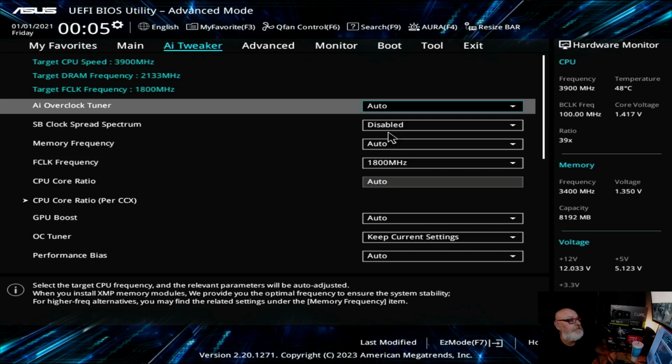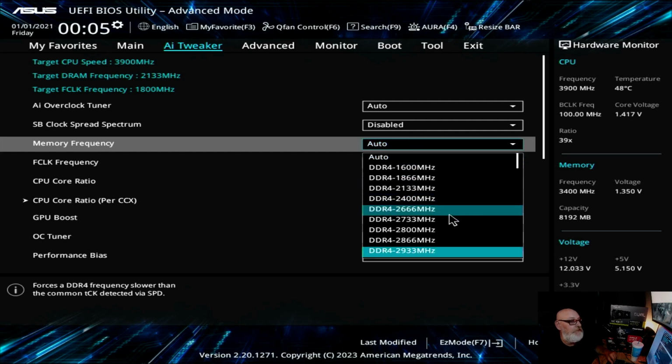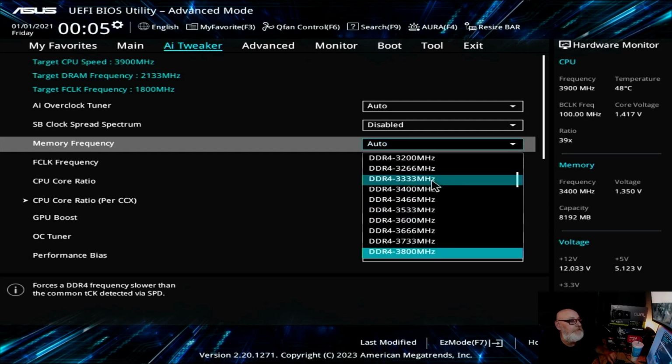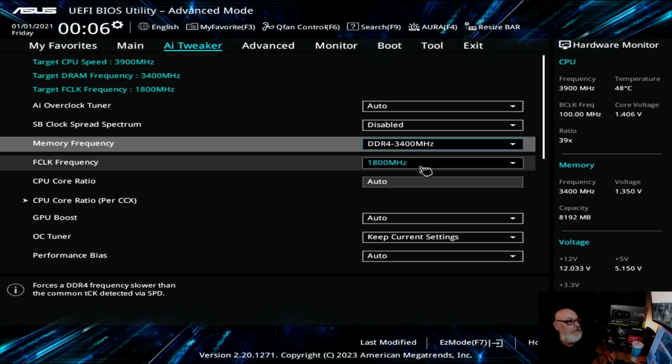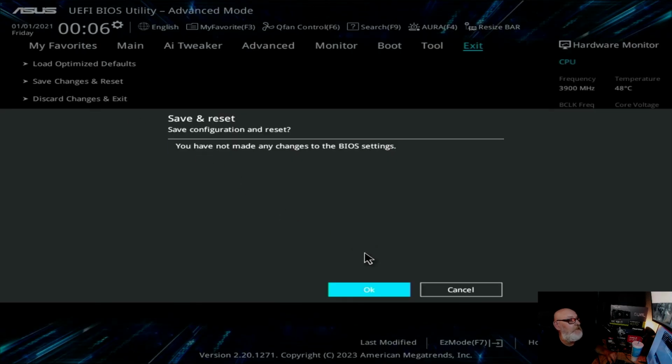So, if you want to set your memory frequency to 3400, save changes. I'm always going back and forth through this again. You'll notice that I go through this many a times.